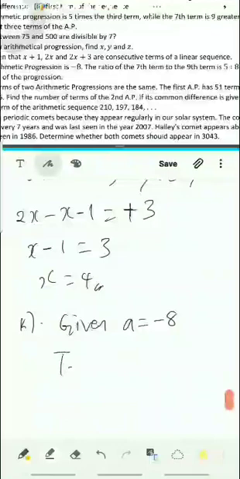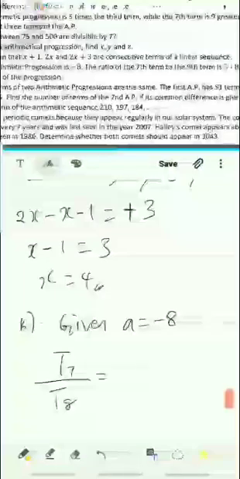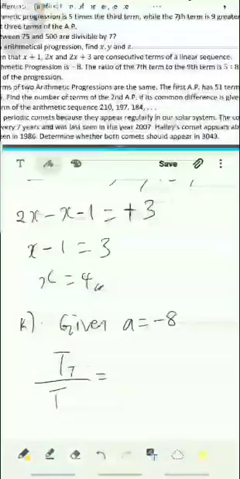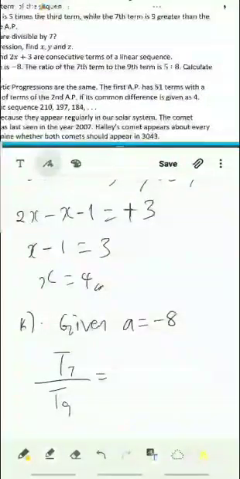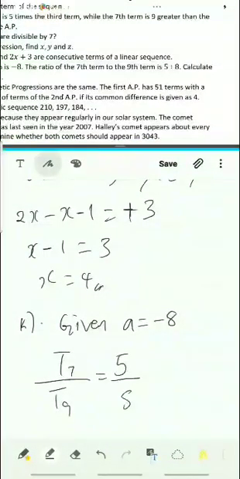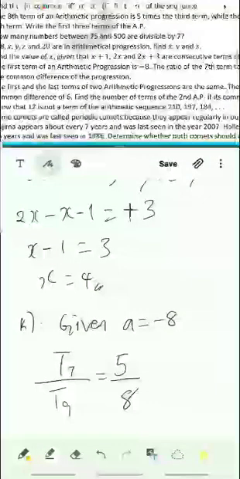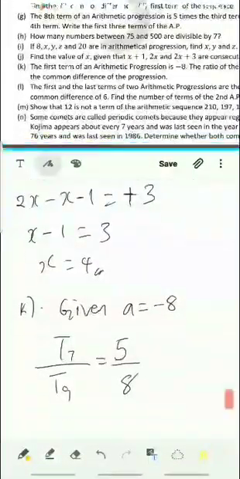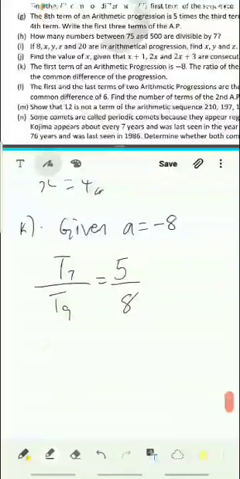The ratio of the 7th term, that's T7, to the 9th term, T9, is 5:8. So 5 over 8. Calculate the common difference of the progression.